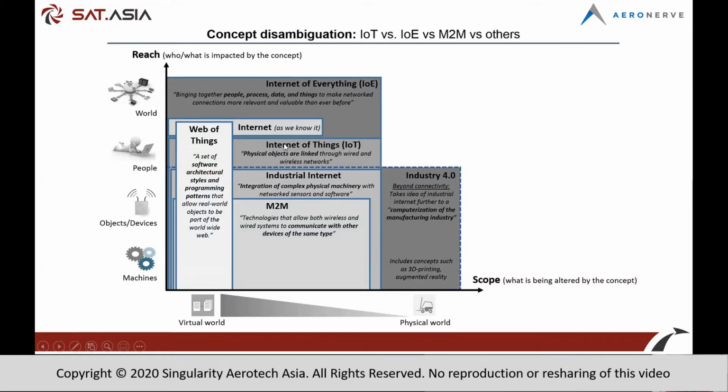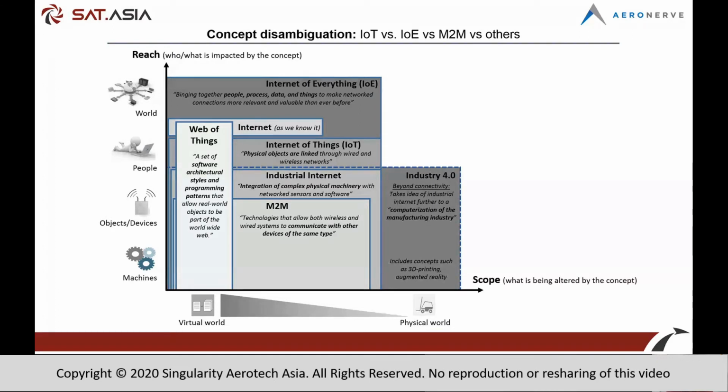The internet is mainly talking about the virtual world and connecting people. Okay, so Internet of Things connects people, objects, machines, and the virtual and physical world. Internet of Everything is a much larger concept. So basically it connects everything, people, process, data, things, to make network connections more relevant and valuable.